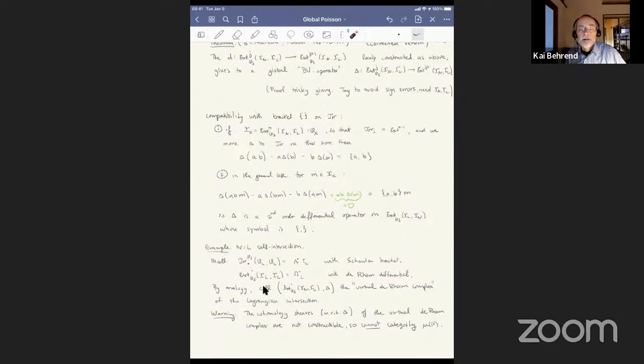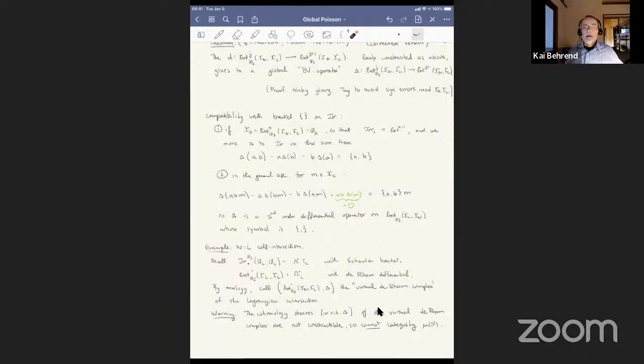So in the self-intersection case, these X with their BV operator are just the de-Rham complex. So therefore, by generalizing that, we could think of this X complex with its operator delta as a kind of generalized de-Rham complex or virtual de-Rham complex of the Lagrangian intersection.